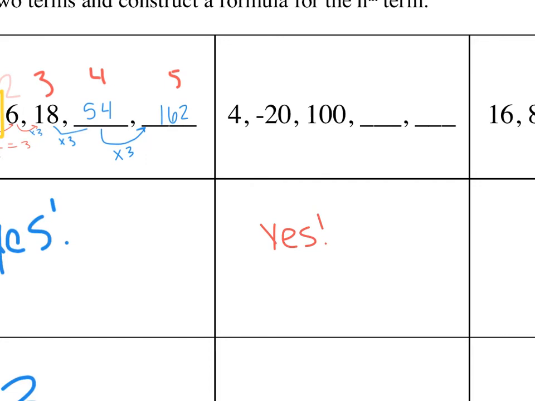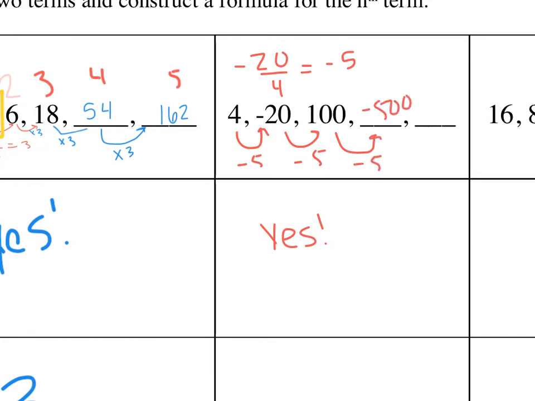And the reason why it's geometric is because I now have to figure out my common ratio. I divide negative 20 by 4, and I get negative 5. Negative 20 times negative 5 is 100. 100 times negative 5 is negative 500.